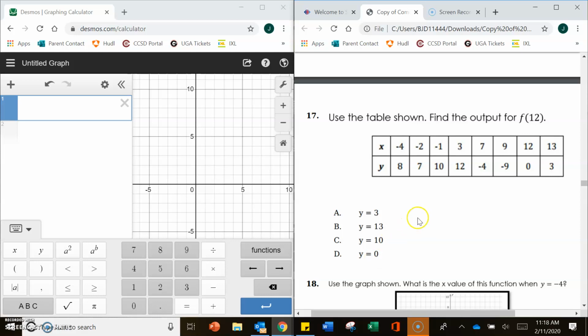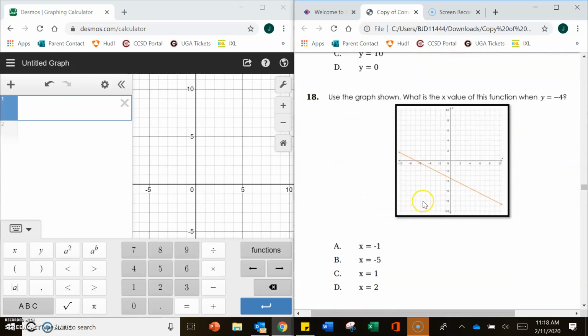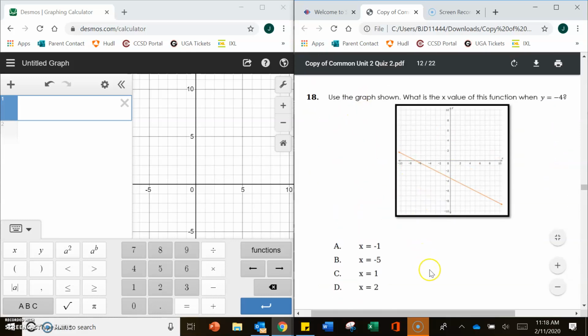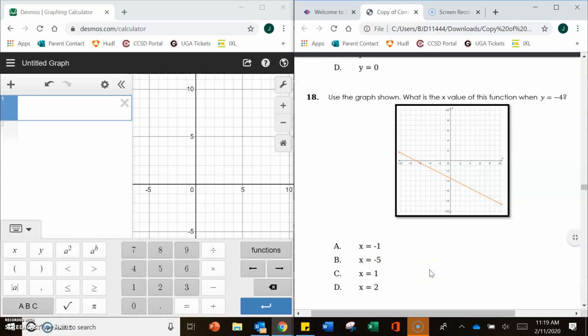All right, let's look at 18 then. Okay, so on number 18, use the graph shown. What is the x value of this function when y equals -4? Okay, so how can I figure this out? Anybody remember?